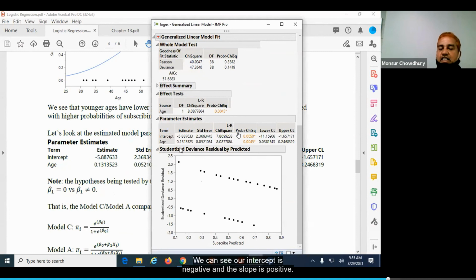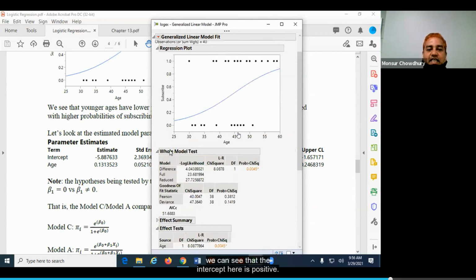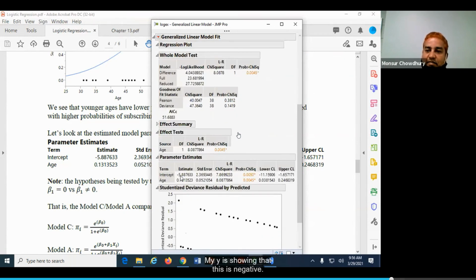We can see our intercept is negative and the slope is positive. One thing you can notice here is that the intercept is positive, but why is it showing that this is negative? I'll explain this one.